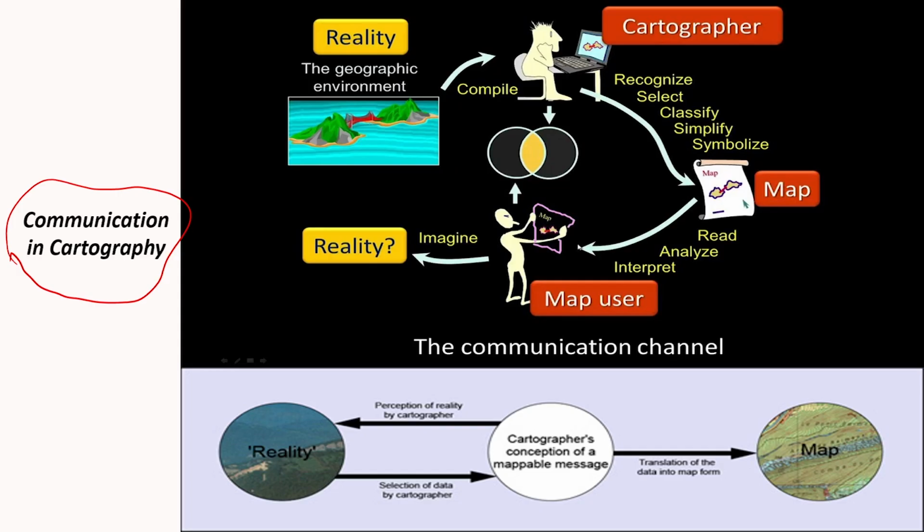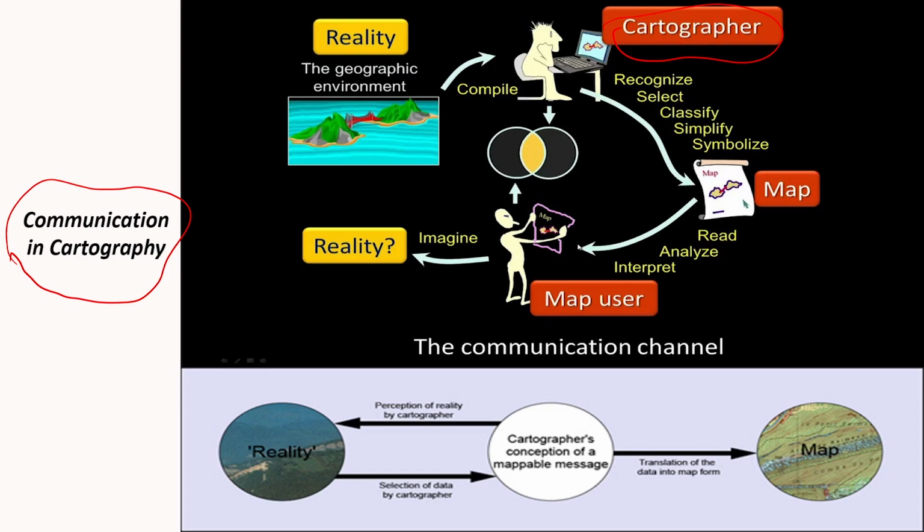So, here if you see this picture, the cartographer collects the data from reality. He will capture the data using photographs, using GPS and all other tools, then he prepares a map. After that, he recognizes what the geographic entities to be included for map making are, how I can select, how I can classify, how I can give symbols.